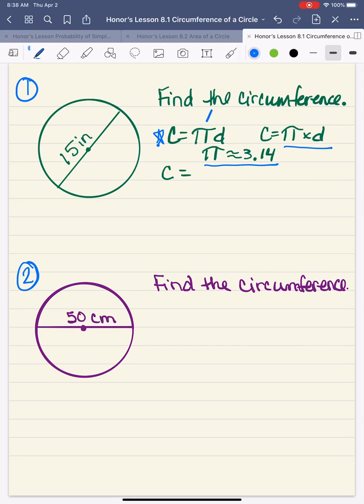So I'm substituting 3.14 in for pi, and I'm going to multiply that by the diameter. The diameter on this problem is 15. If you don't already have a calculator, grab one, and you can practice with me as we go.